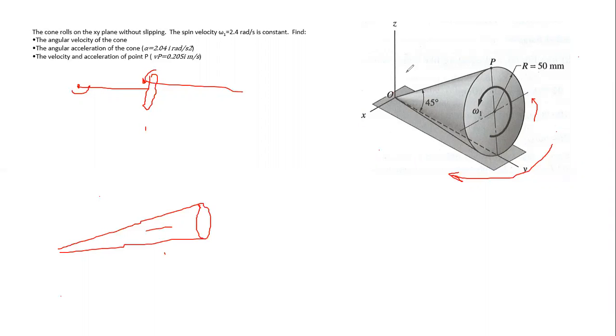So the spin is at omega 1, and then you have another rolling type of thing, which you can call omega R if you want. Right, so maybe we call this omega R. Does that make sense, everybody? And that's going to be in the minus k hat.